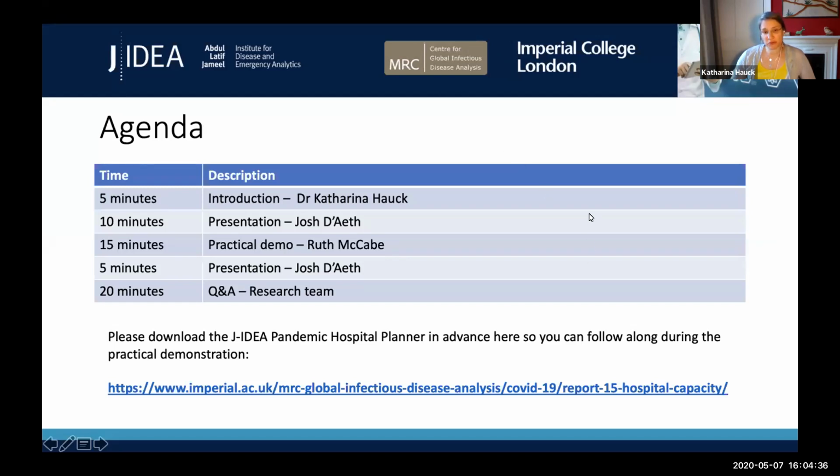So first, let me briefly say that the Abdul Latif Jameel Institute for Disease and Emergency Analytics was founded last year. And of course, we are right away very busy with the response to COVID-19. Our mission is to respond to health emergencies by developing analytical tools to respond to the complex health needs that populations have during the pandemic.